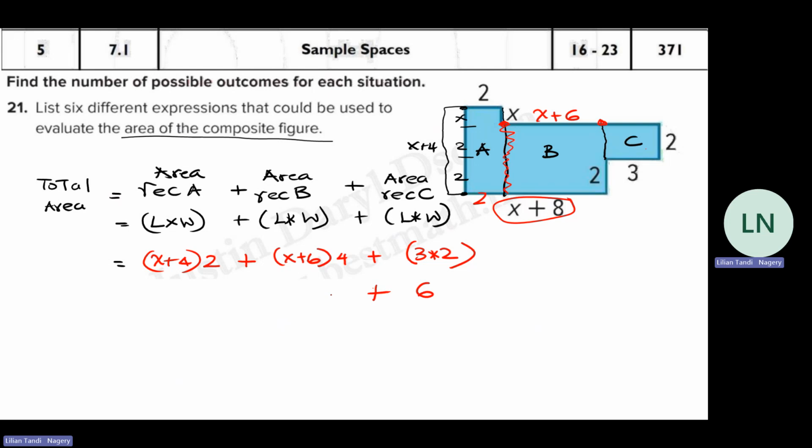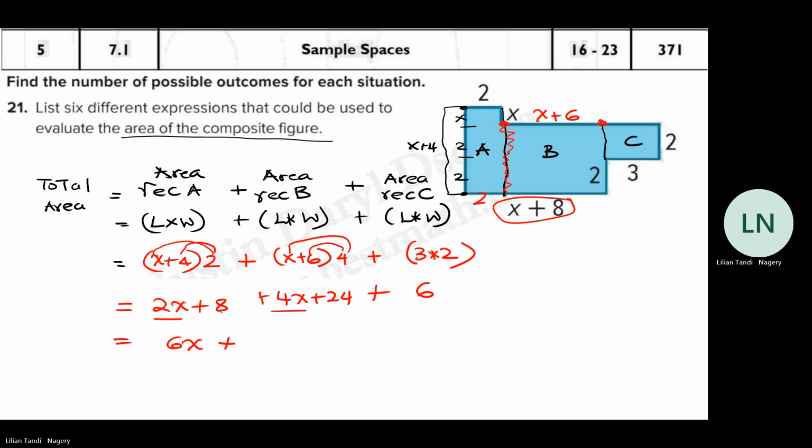So this will be 6. This will be 4x plus 24. And this will be 2x plus 8, because I will do distributive property. Okay? Then I will put my like terms together. So 2x plus 4x, 6x plus, what is 8 plus 24 plus 6? 8 plus 24 plus 6 is 38.